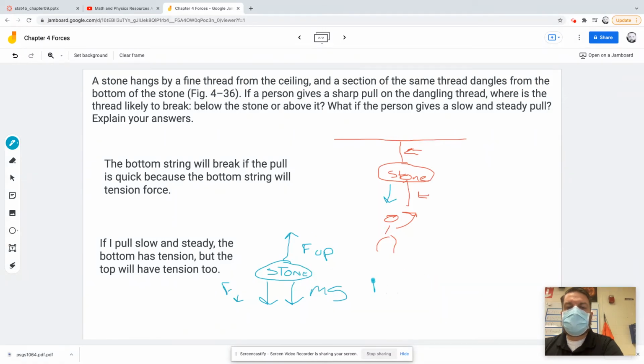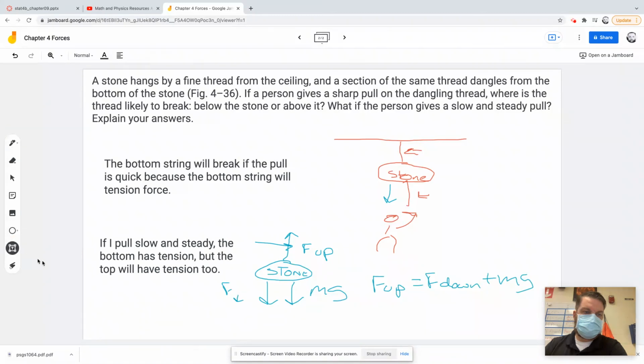In other words, the force going up, and this is the tension on the top string. The force going up is equal to the tension, or what I'm pulling down, we'll call this down, plus the weight of the stone. So if I pull slow and steady, what's going to happen? The top string will break.